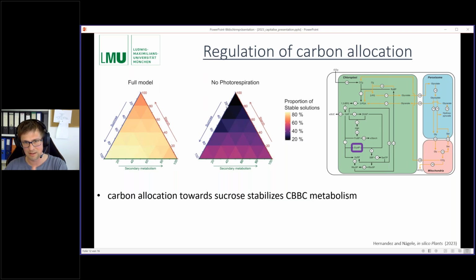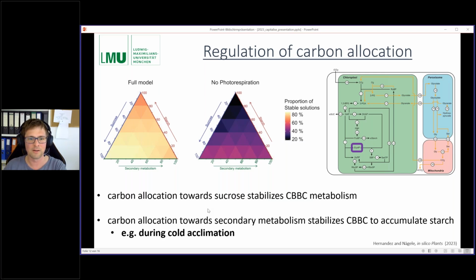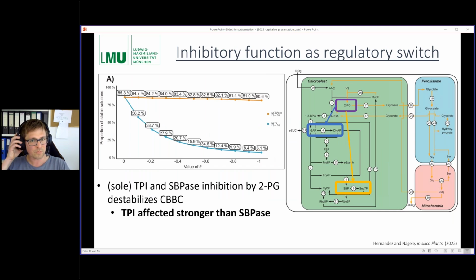However, if you miss photorespiration, then especially under conditions with high starch accumulation, secondary metabolism further stabilizes, supports the role of sucrose biosynthesis. And this gave us the idea that especially under challenging environmental conditions, when there's lots of starch accumulation, for example, during cold acclimation, then also the induction of secondary metabolism might support the stability of the CBBC.